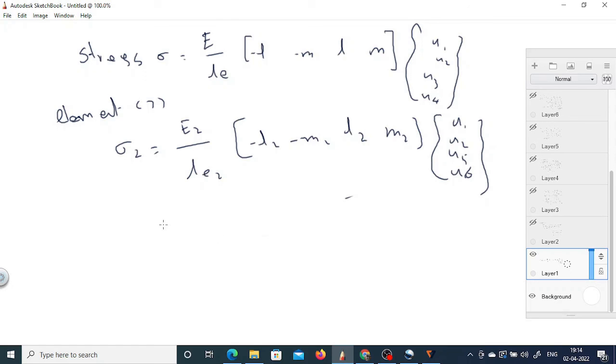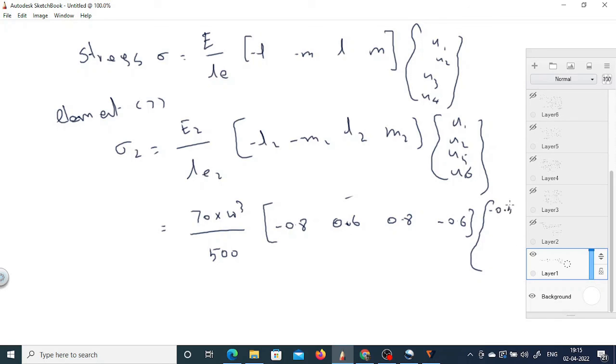So if I substitute all the values I can get the final answer. What is E2? 70 into 10 cube. LE2 is 500 and L2 is minus 0.8, M2 is minus 0.6. So here 0.6, 0.8 minus 0.6 and U1 is 0.571 and U2 is minus 1.952.